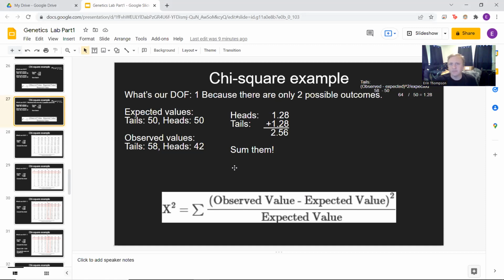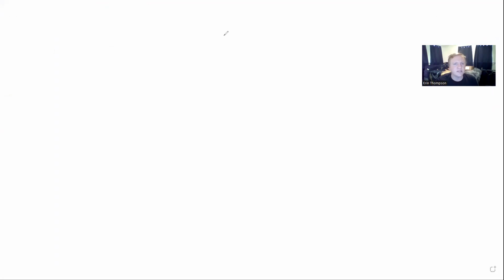We could just do it here. So let's say we have our heads, we have our tails, we have our expected values, we have our observed values. So we're flipping a coin again 100 times.